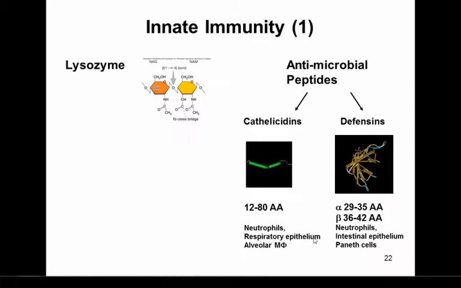Now, the actions of these peptides are to degrade bacterial membranes. So they can degrade the outer membrane of gram-negatives, and this will allow lysozyme to get access to the peptidoglycan layer. Okay, so these two systems work together.